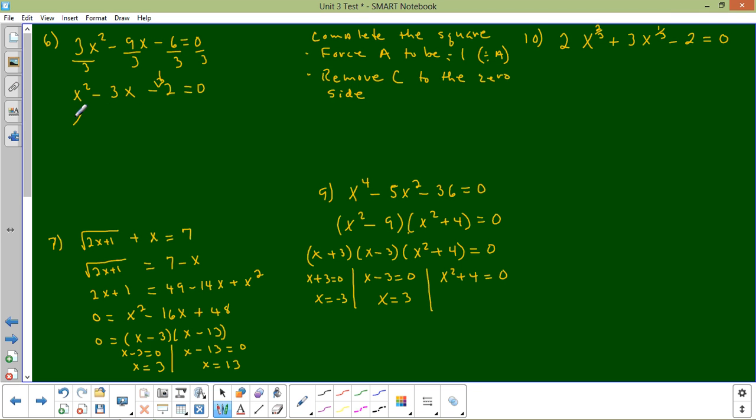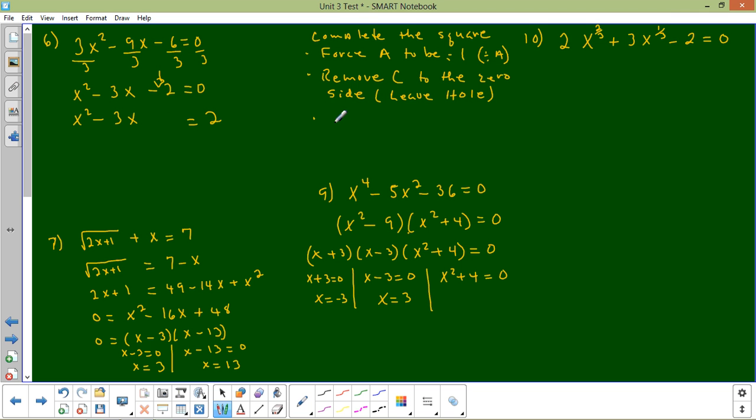So I'm going to remove c to the 0 side, and I'm going to leave a hole right there when I do that. Okay, so how do you do that? You leave a hole. Trying to keep these directions simple. So I'll say leave a hole. And that means where the minus 2 was, where the constant was, you leave a space right there.